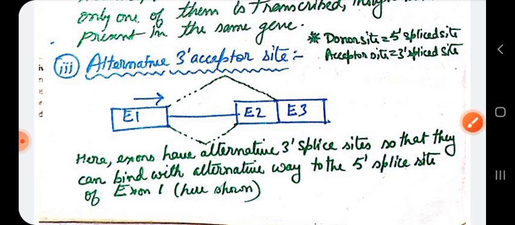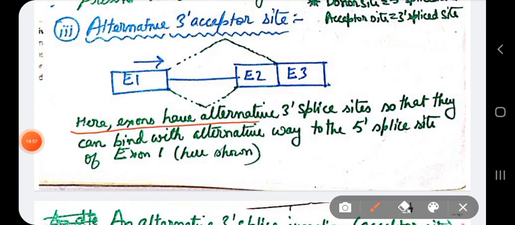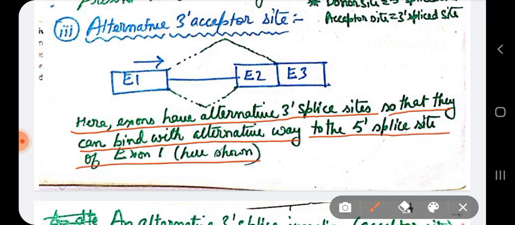So what does it say? It is saying here that exons have an alternative 3' splice site, which is called the acceptor site, so that they can bind in an alternative way to the 5' splice site of exon number 1. Here it is shown.